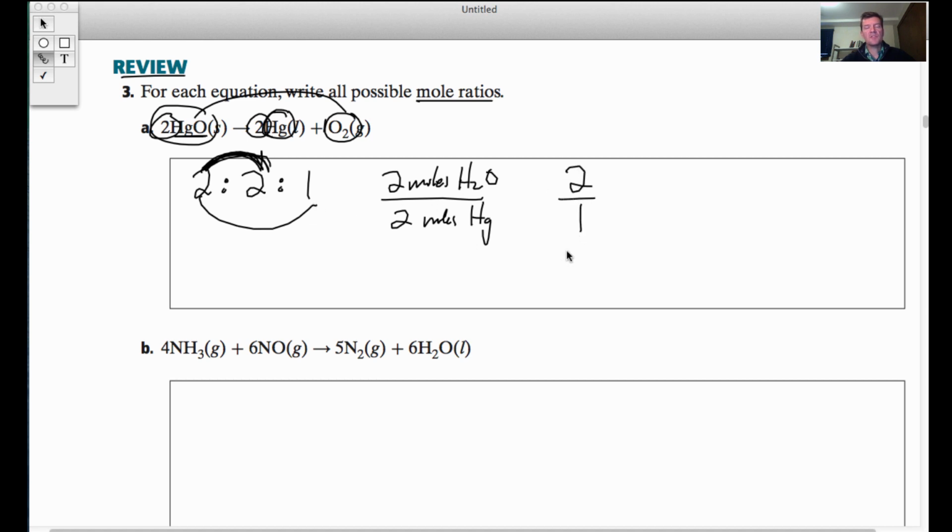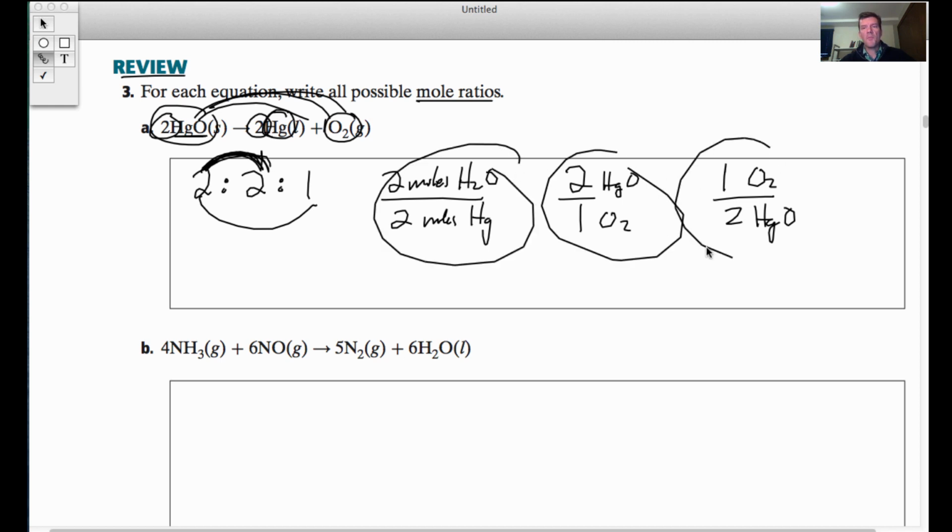You might be using a 2 to 1 ratio, where this is the mercury oxide and this is the oxygen. Okay? Or you might have to flip them. If you go in the other direction, you might have to flip them. Okay? You might have to flip the ratio and use it the other direction. You might have to use a ratio of 1 oxygen for every 2 mercury oxide, depending on where you're going, how you're doing this. Actually, that would be used going this direction. But you can see we can set up multiple ratios by looking at the coefficients in the reaction.